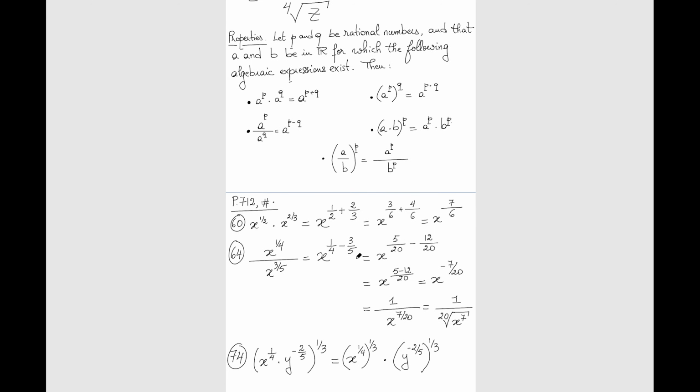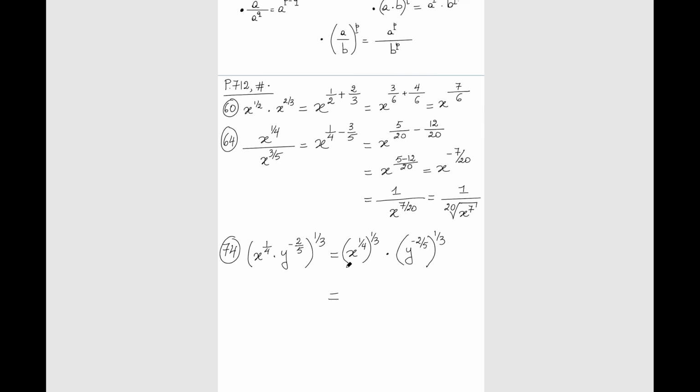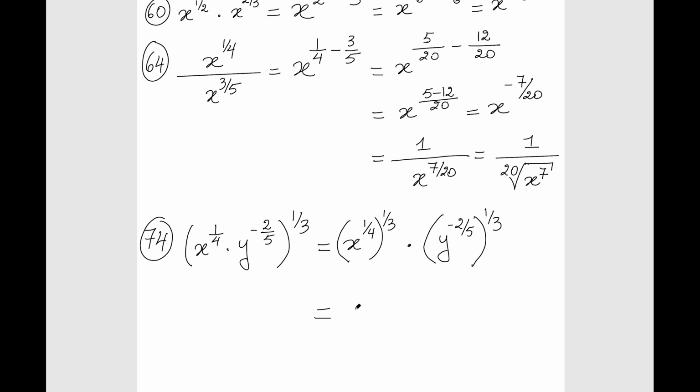You keep the base and you multiply the powers. That's what I'm going to do here. So I'm going to keep each of the bases and I'm going to multiply the powers. For the first one, I get x to power 1/4 times 1/3. And for the second one, I'm going to get y to power -2/5 times 1/3.